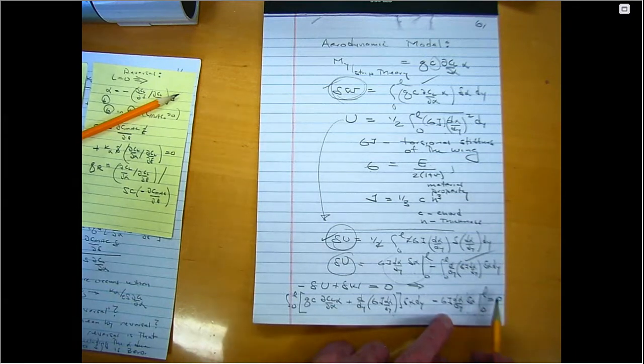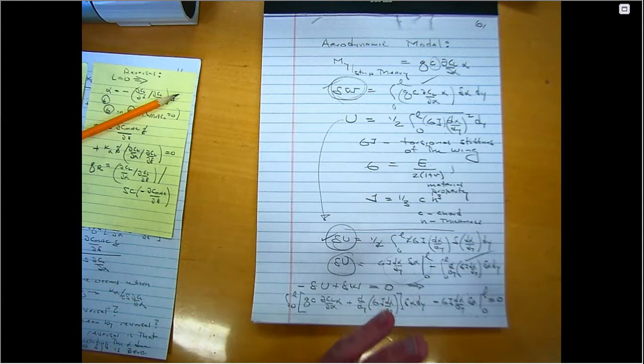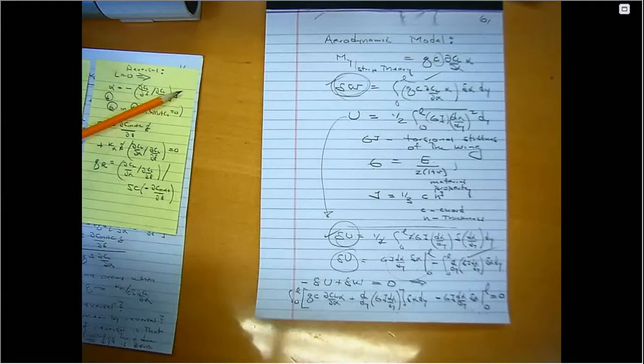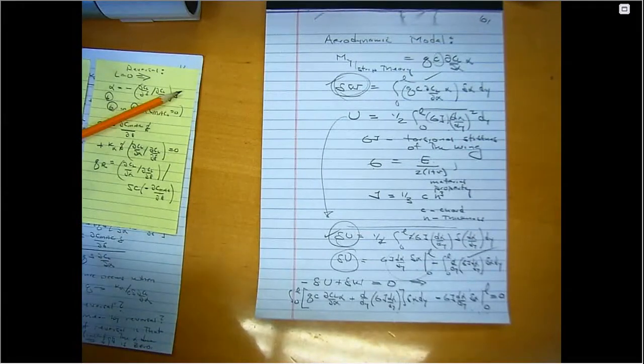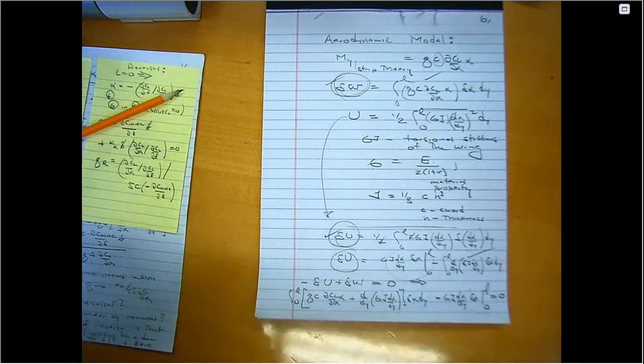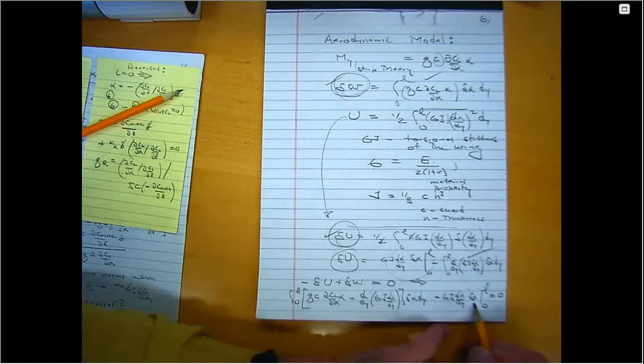Now I have to think a little bit physically, because if I have a wing which is clamped at this end, then alpha's got to be 0. Therefore, I'm not allowed to imagine any value of alpha other than 0. At this end, alpha must be 0. At the free end, at the tip of the wing, del alpha can be anything, including 0.